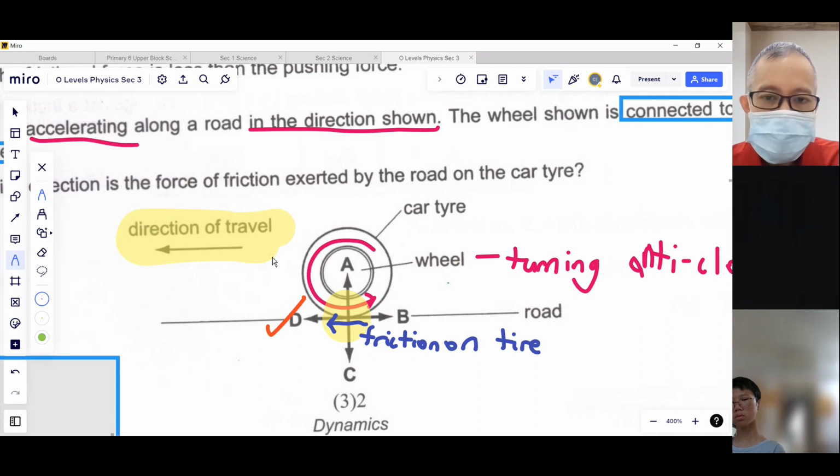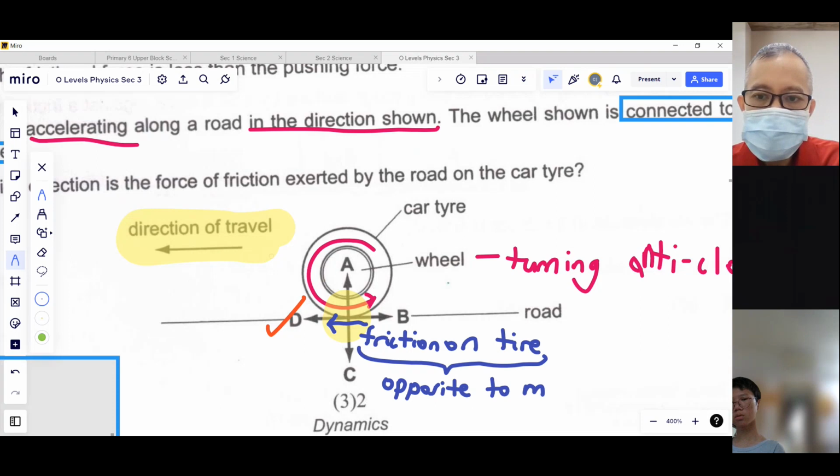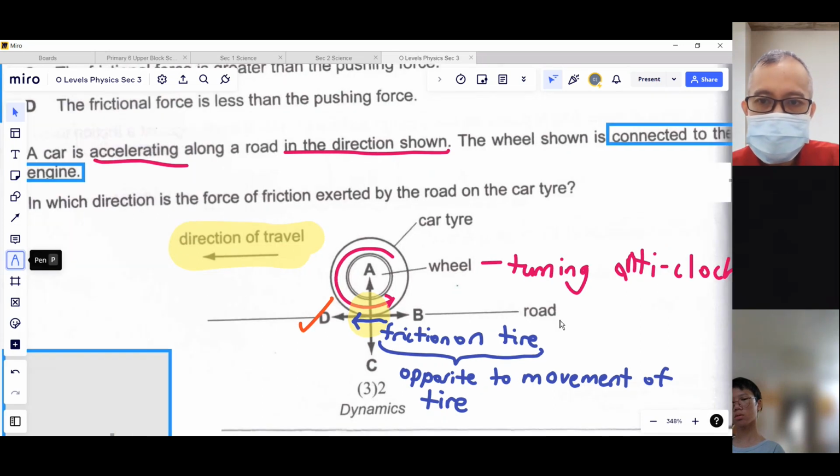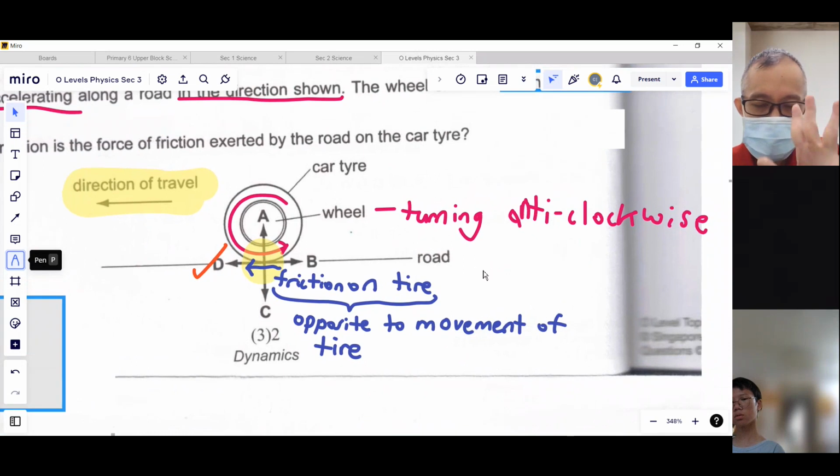All right, because it is opposite to the movement of the tire. Okay, so this is the tricky part. Yeah, as I said, Jing, make sure you get this because it really has a high chance of coming up for you.